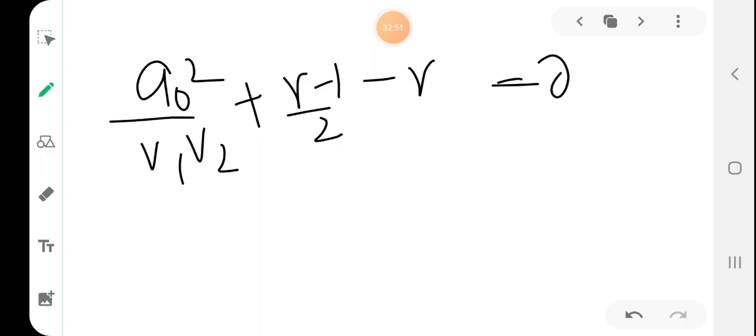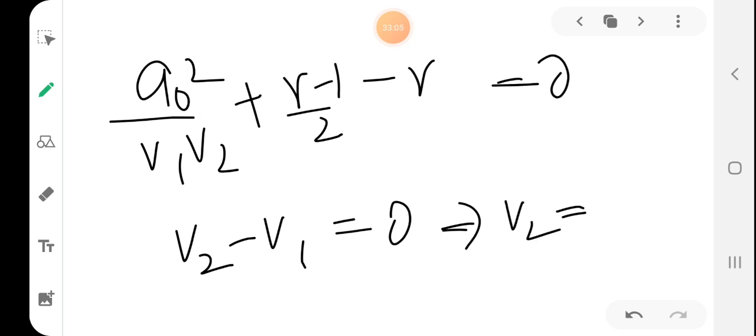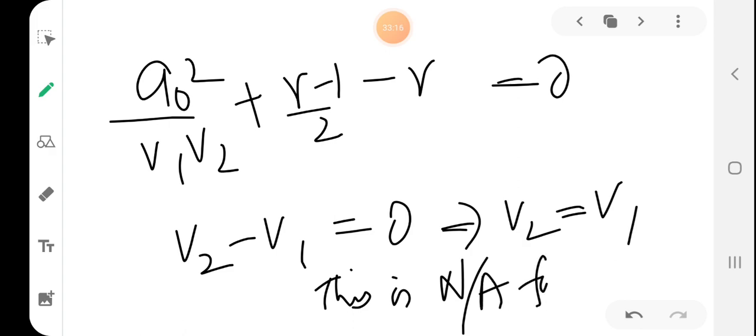The other condition was V2 minus V1 equal to 0, which gives V2 equal to V1. This is not applicable for a normal shock wave.